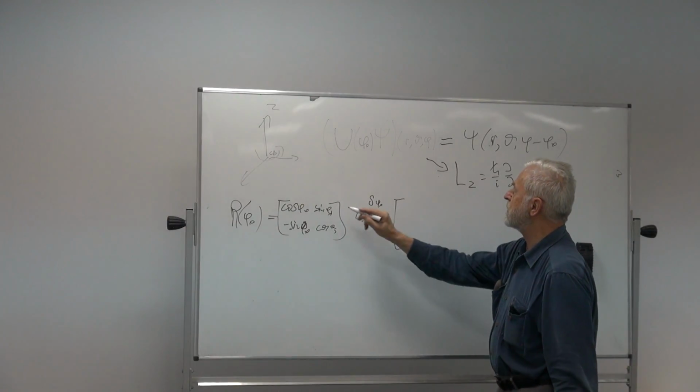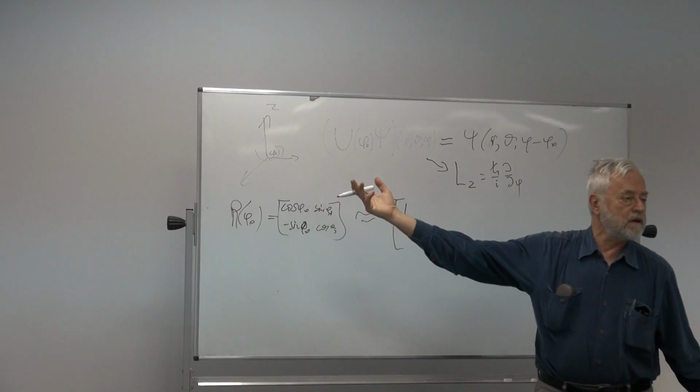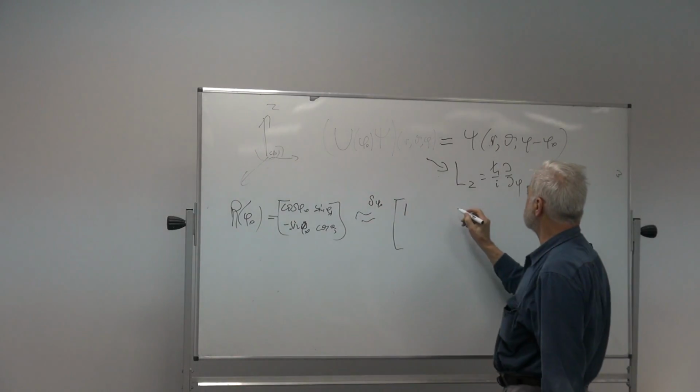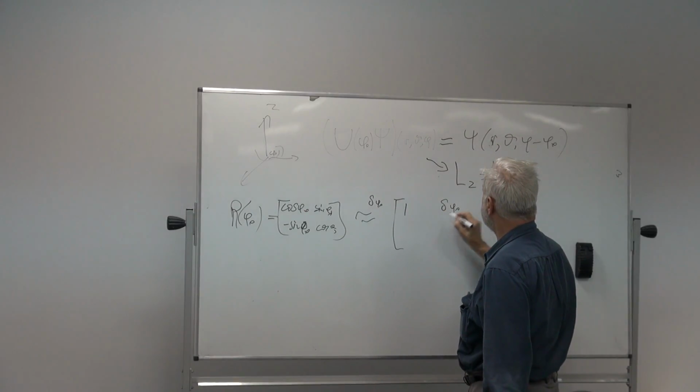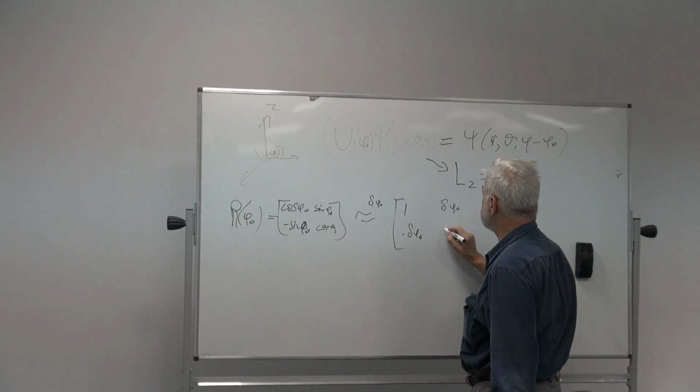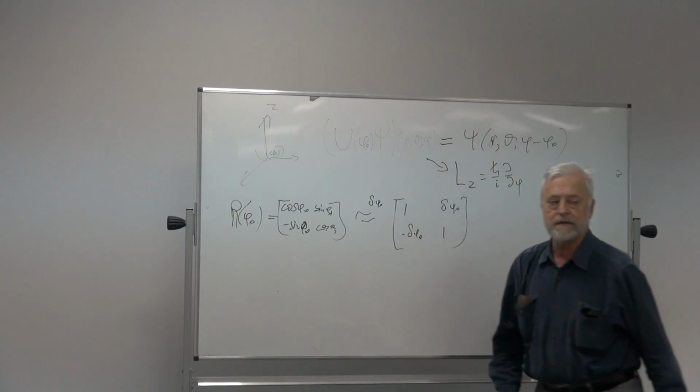Surely cosine is 1 because in the expansion it's in the second order. This is delta phi, this is minus delta phi, and this is 1, right?